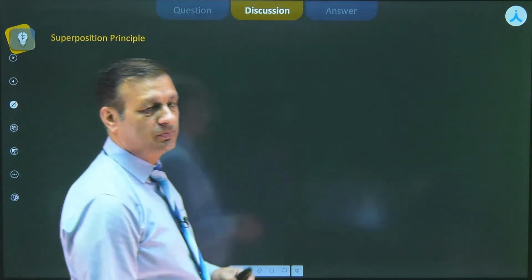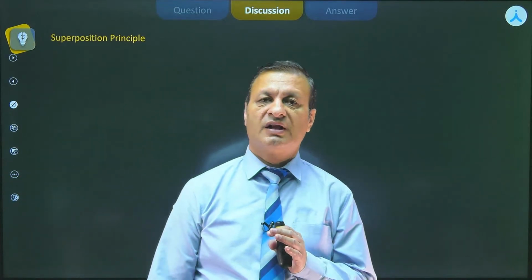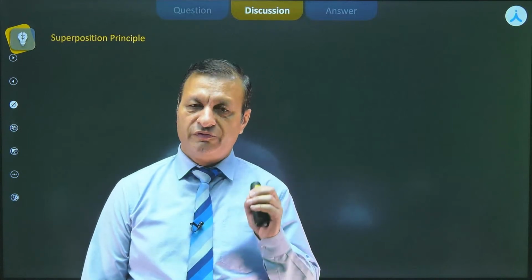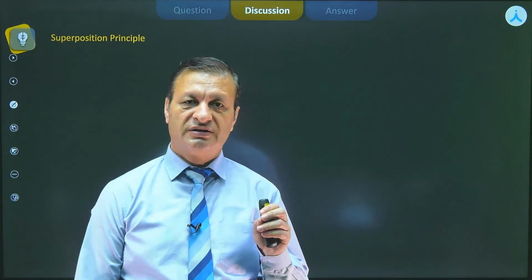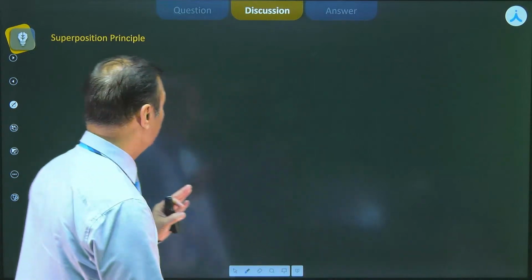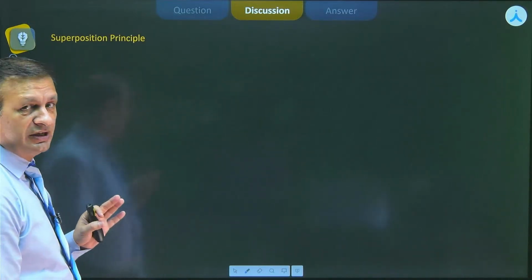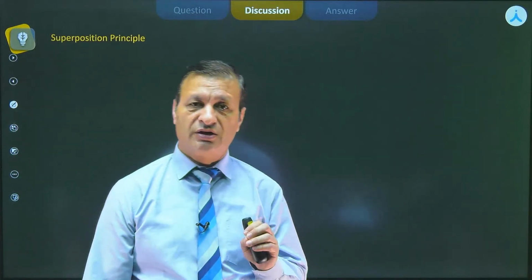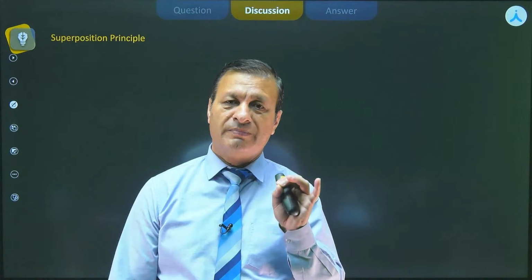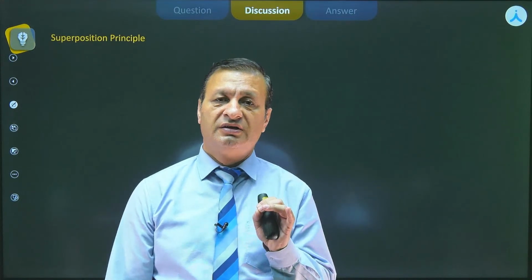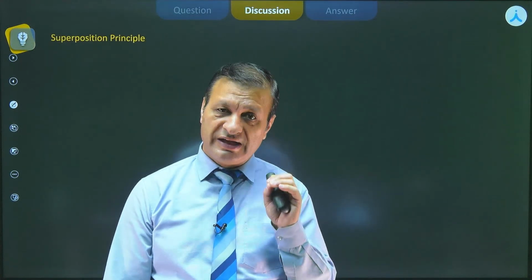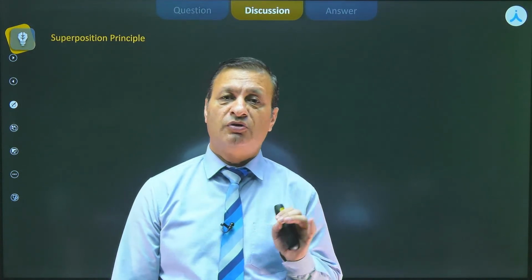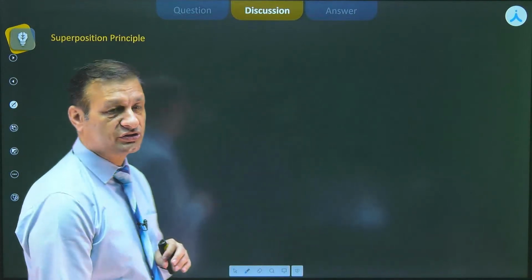Now we have the superposition principle. We have just seen the force between two masses is a vector concept. You got it? So what is this superposition principle? The superposition principle says if a mass is surrounded by n number of masses, then the net force experienced by that mass is the vector sum of all the individual forces.